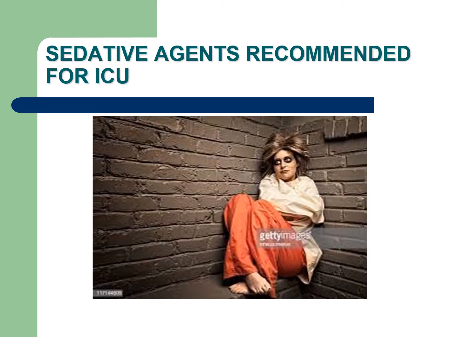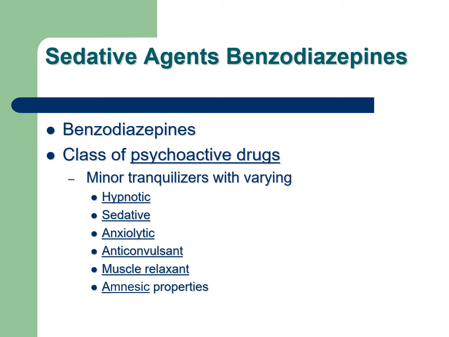Now we're going to talk about some sedative agents that are used in the ICU. Trust me, everyone needs some form of sedation in the ICU because you don't want to remember it. Let's talk about a very important class of drugs called benzodiazepines.